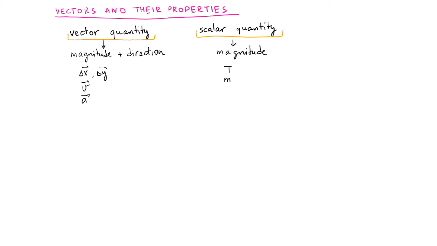Scalar quantities can be manipulated with the rules of ordinary arithmetic. Vectors can also be added, subtracted, and multiplied, but there are a number of important differences, as I'm going to show. Let's say you have two vectors, vector A with a little arrow on the top, and vector B. We say two vectors A and B are equal if they have the same magnitude and the same direction.